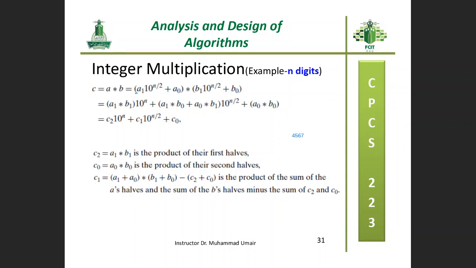One number is 4567, and the other number is 7864, for example. Now, having a 4-digit number, if we reduce this number into numbers which have half of the digits, can we rewrite it again?